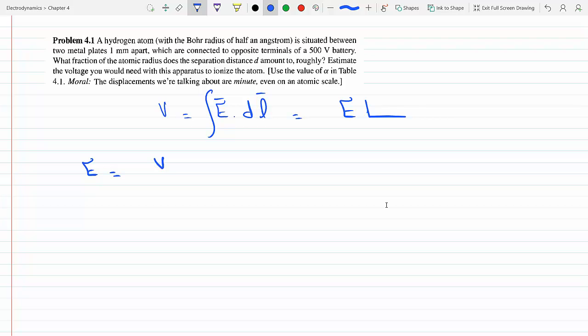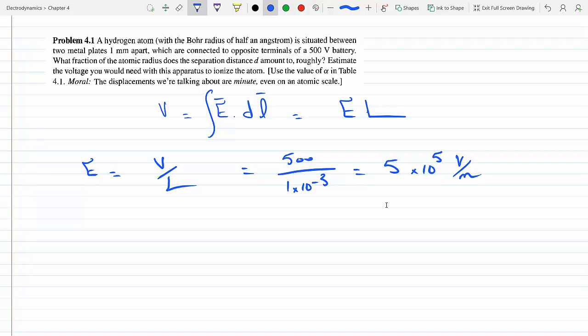So E would be V over L, which is 500 divided by 1 times 10 to the minus 3. So this is 5 times 10 to the 5 volts per meter. This here is the electric field.